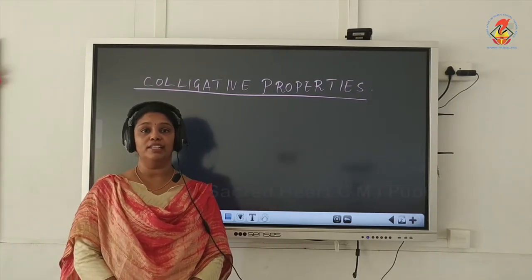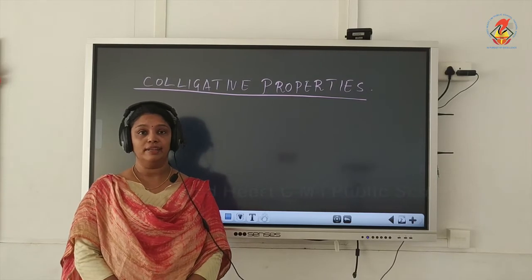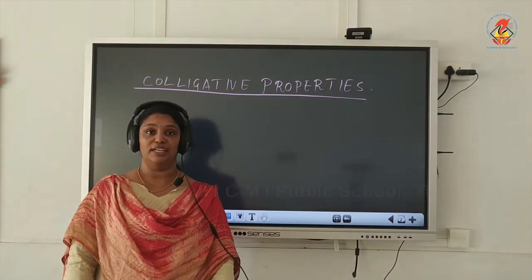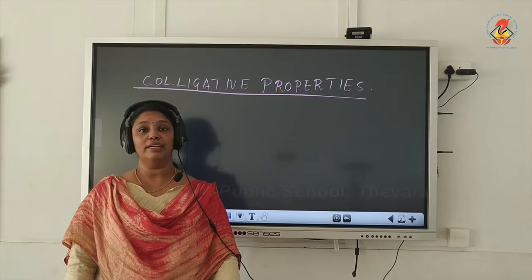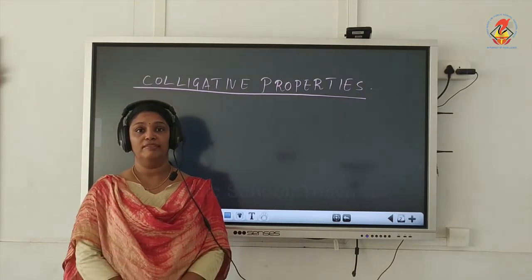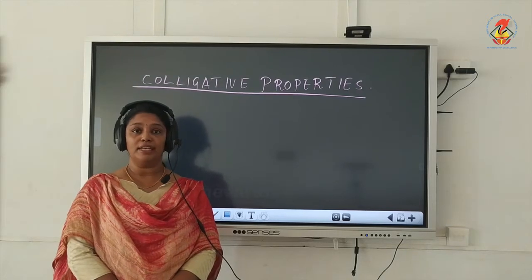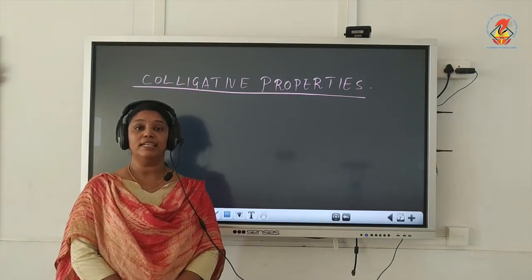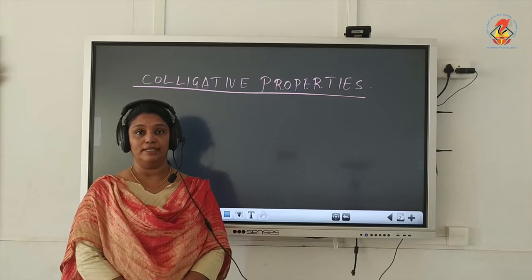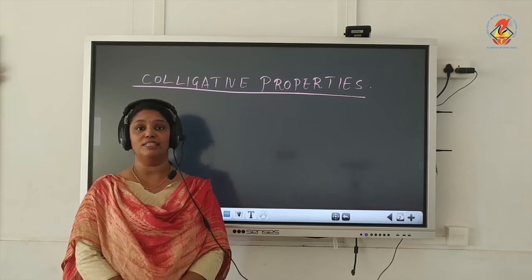So what are colligative properties? They are the properties of a solution containing a non-volatile solute which, when added to a solvent, depend upon the relative number of solute particles but do not depend upon its nature.